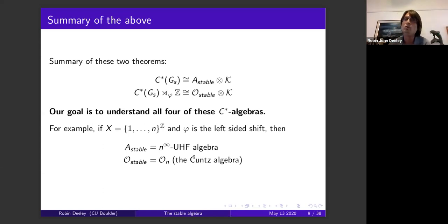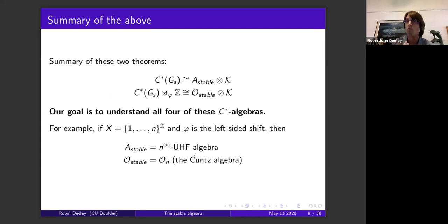And now when we do this construction, this is a Smale space and we can apply our construction to this, we get as our A stable, the n infinity UHF algebra, and as O stable, we get the Cuntz algebra. And of course, it is no coincidence that the core of the Cuntz algebra is the n infinity UHF algebra.